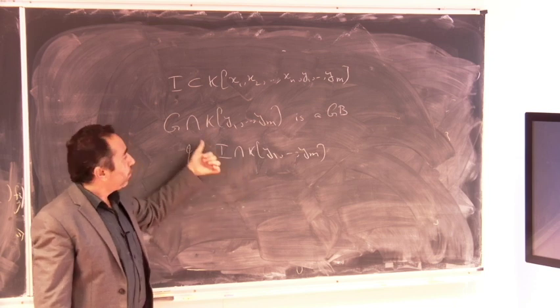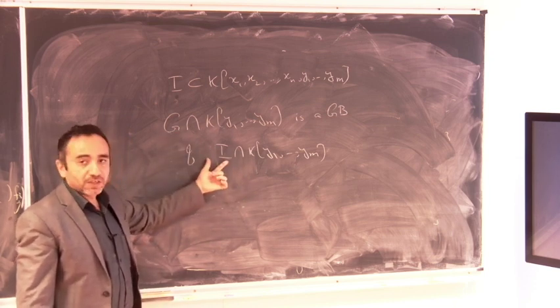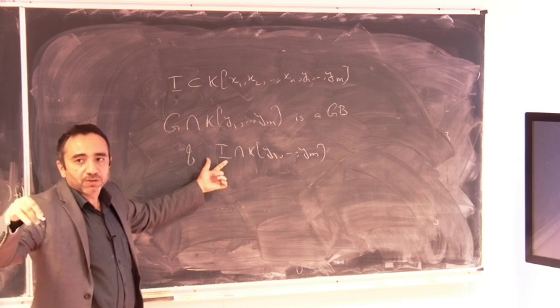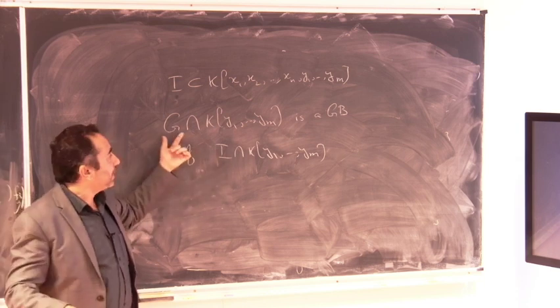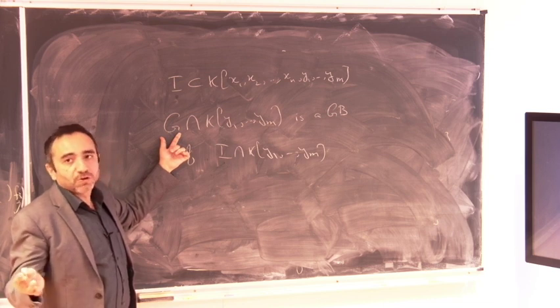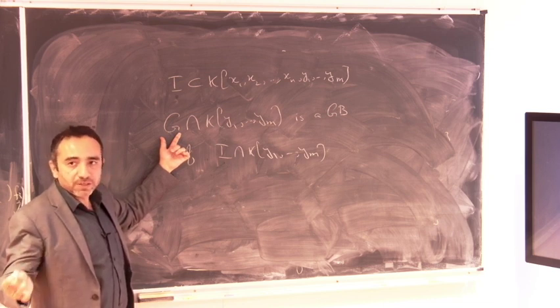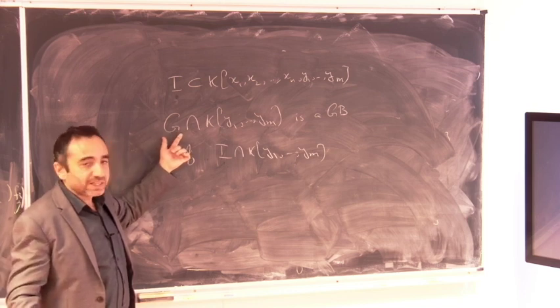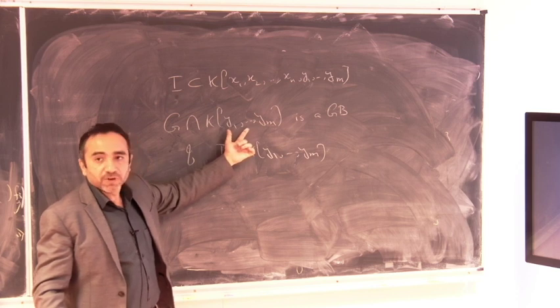And how to do that? This is an ideal, it's not easy to take, an ideal has infinitely many elements, so we cannot take the intersection directly from here. But here this G is just a finite set, a set of basis, because by Hilbert basis theorem any ideal is finitely generated. We already computed the Gröbner basis, so it is also finite. So we have a set there, and on that side we have a polynomial ring.